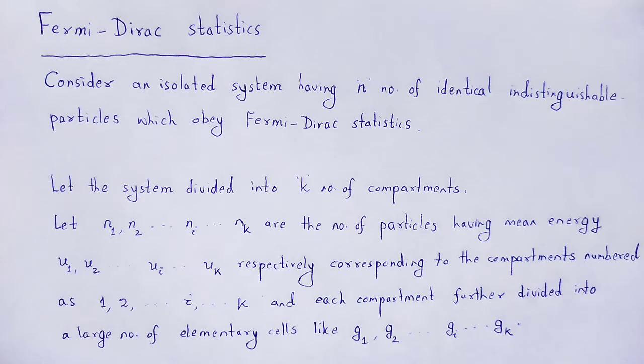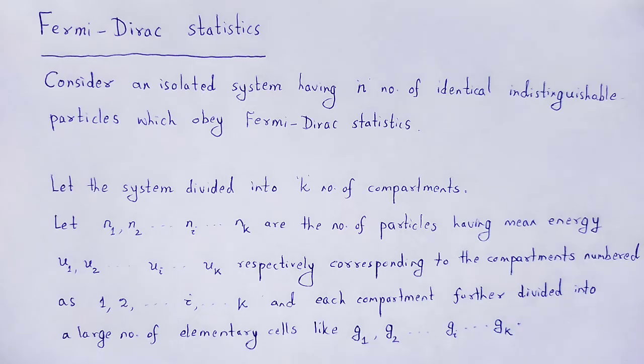That is the Pauli exclusion principle, and the fermions obey that principle. Some examples of fermions: electrons, protons, neutrons, neutrinos, muons. These particles are fermions.